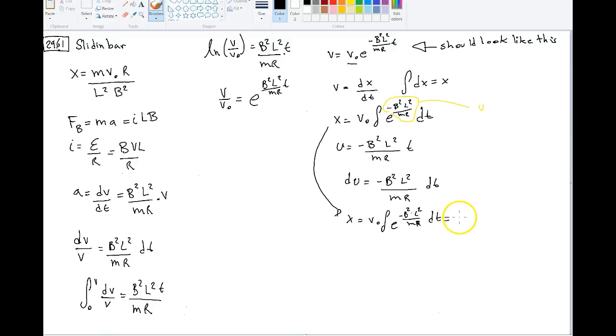And so this is going to be m V0 R over negative e squared L squared. And if you evaluate this, e to the u, which is negative e squared L squared t over m R, minus 1.